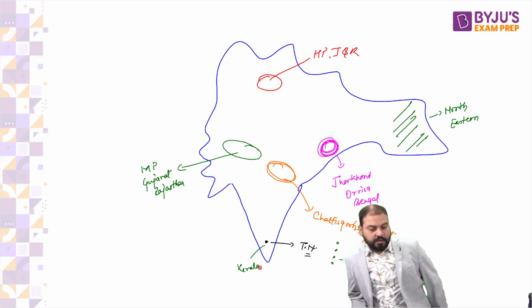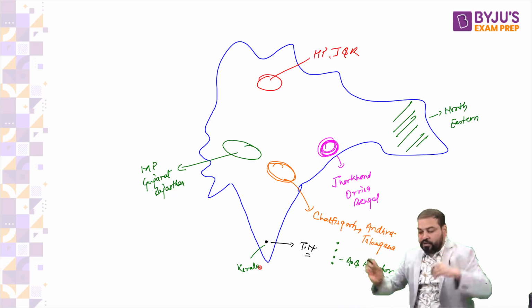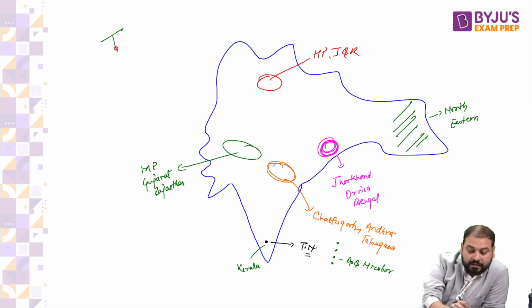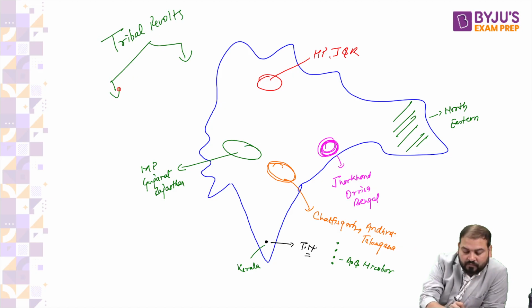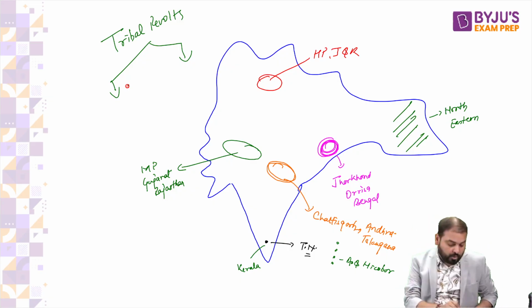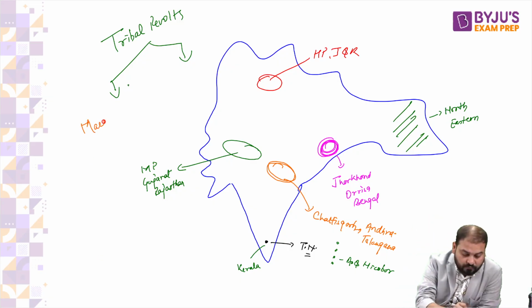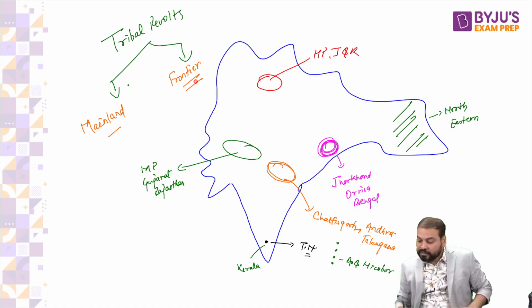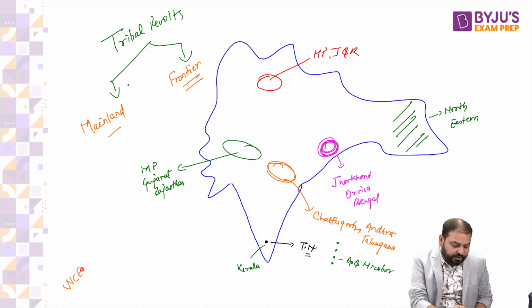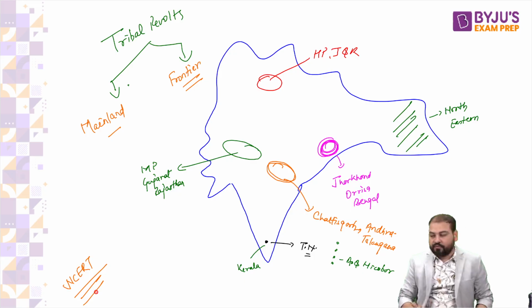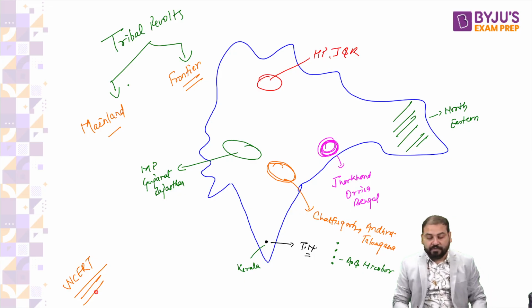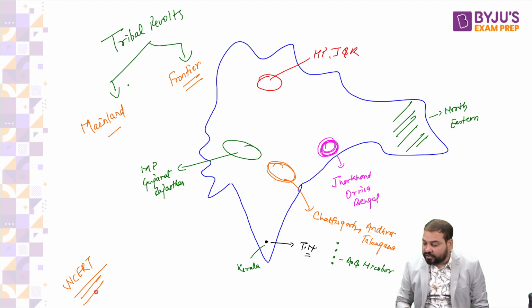Everyone, why did I draw this? I drew this to make you understand that the tribal revolts were of two types. One, mainland tribals, and another, frontier tribals. Yes, in NCERT also the map of the tribal revolts is given. If you look into the book, you will find this. Tribal revolts are of two types, mainland and frontier.